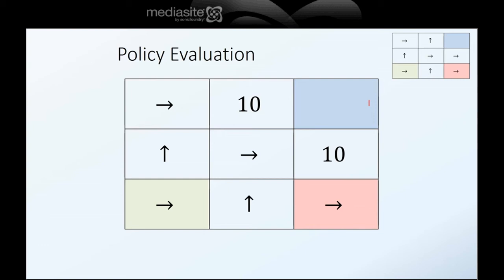Then, just for simplicity of the arithmetic that follows, the value of this goal state is such that this and this evaluate to 10 each, approximately.